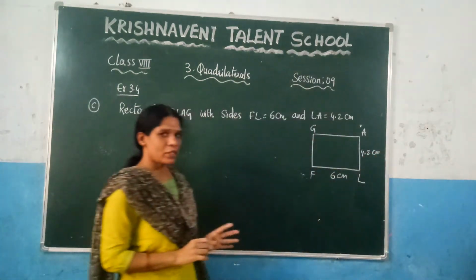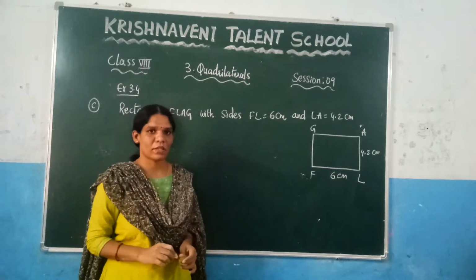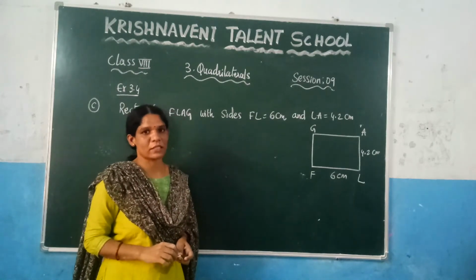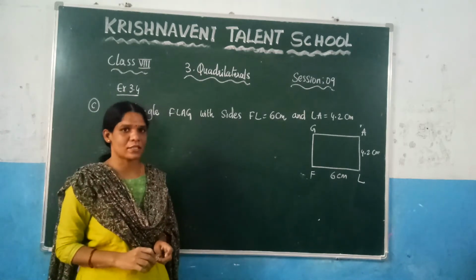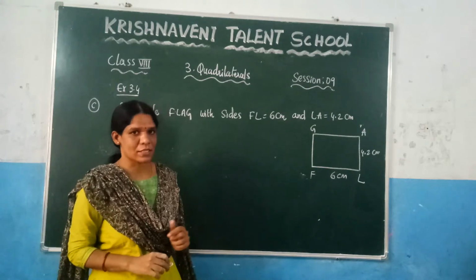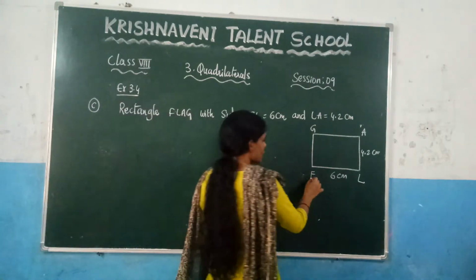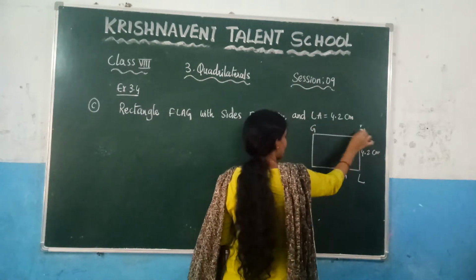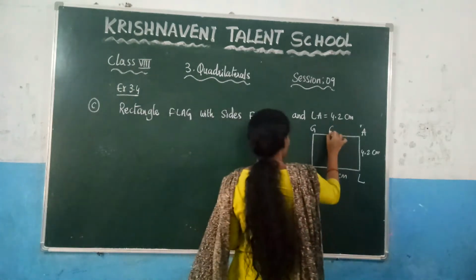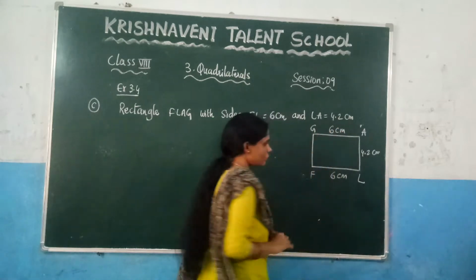Now we have written what are the measurements they have given. Now based on the properties of the rectangle we need to write the remaining measurements to construct this rectangle. So here you know that in a rectangle the opposite sides are equal. So what is the opposite side of FL, which is nothing but AG. If this is 6 centimeters, this must be equal to 6 centimeters, right?